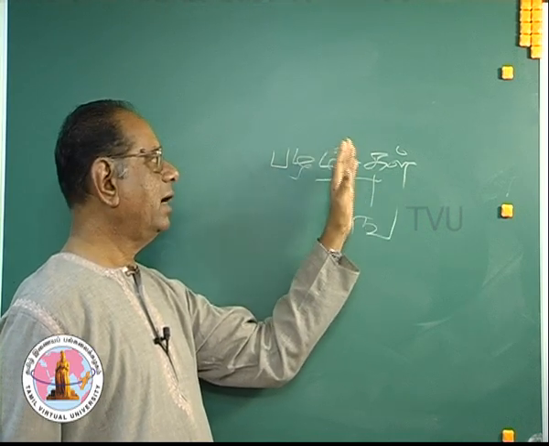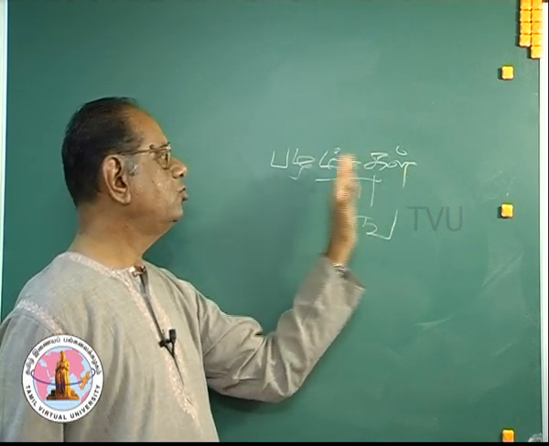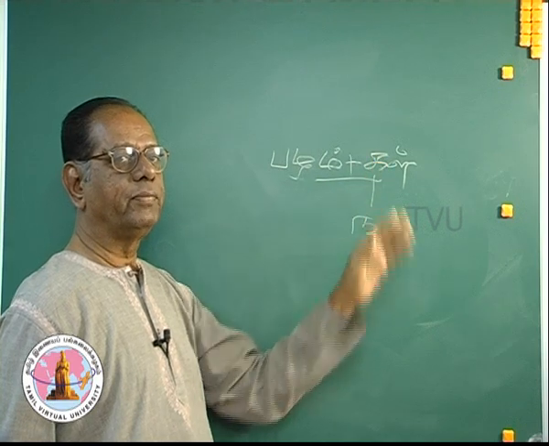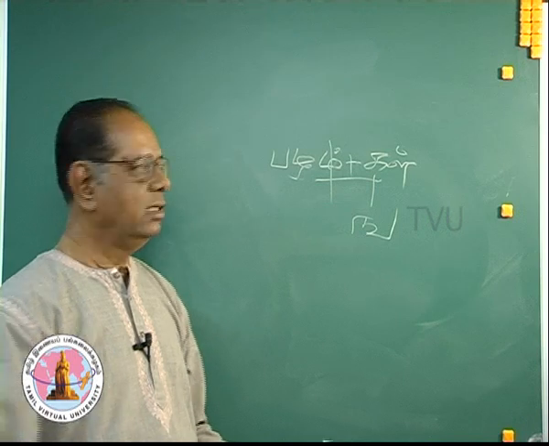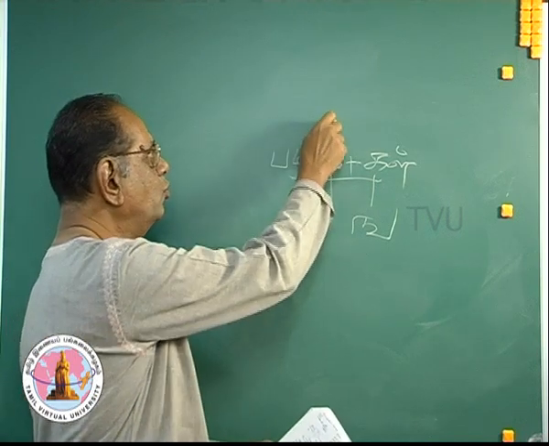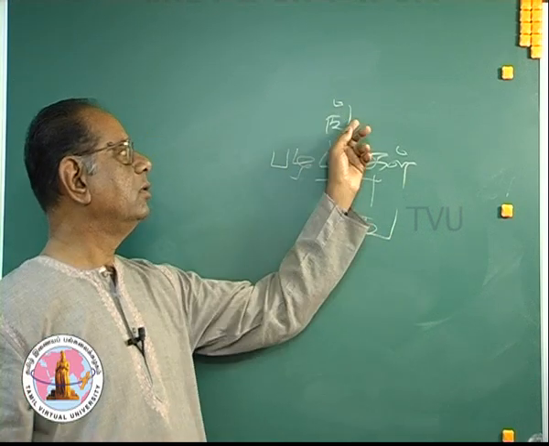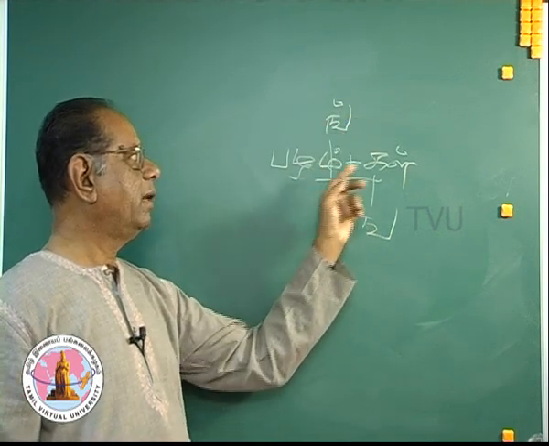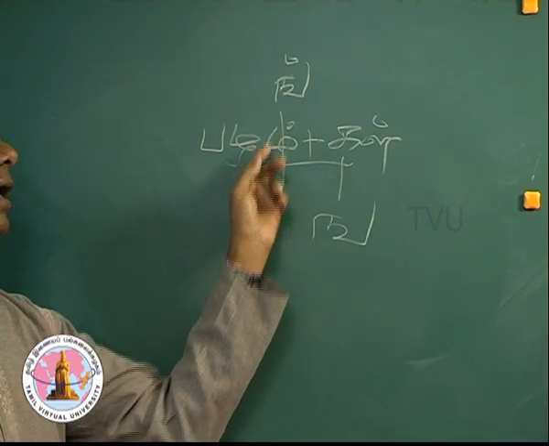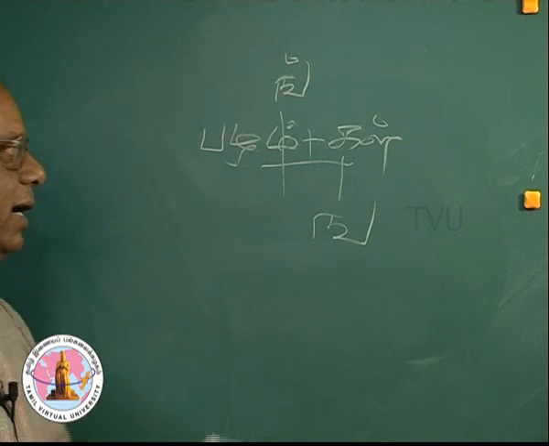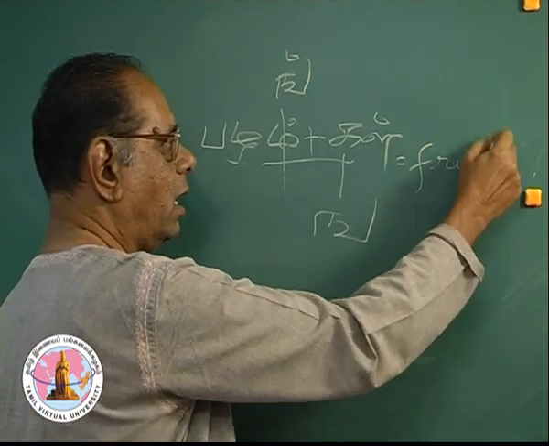There is a sort of hiatus, a sort of break between these two words being pronounced together. So naturally, for an easy pronunciation, this ma assumes this sound. Param plus kal becomes parangal. So parangal are fruits.